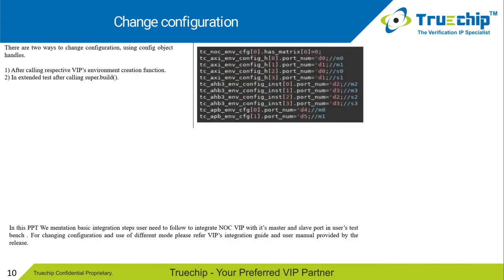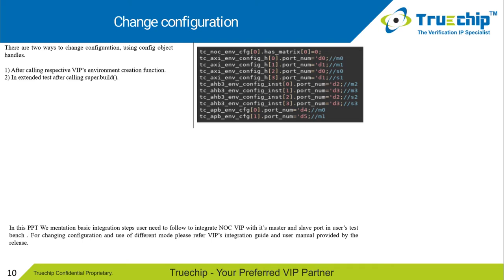For changing the configuration, as I already said, every VIP test CFG file includes the VIP environment handle, environment configuration handle, and each component configuration handle. Using that handle, user can change the particular configuration in their base test or extended test.